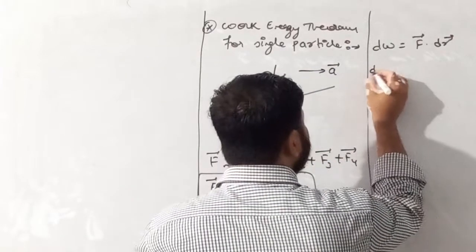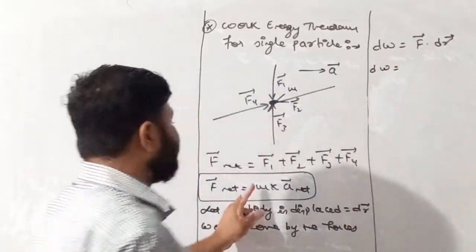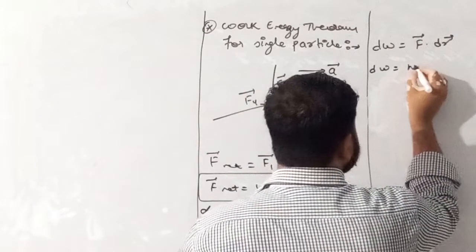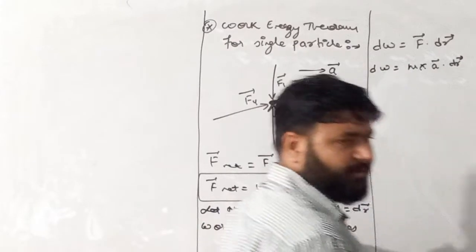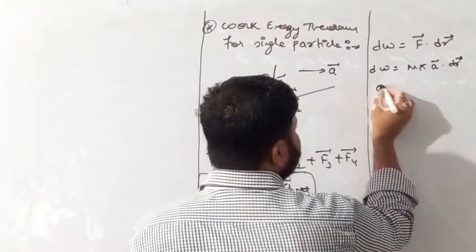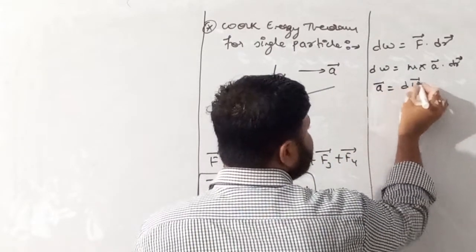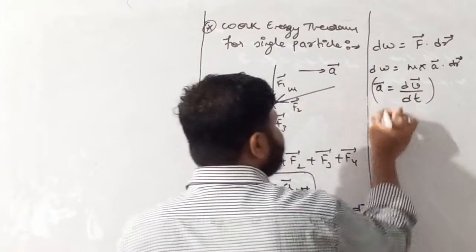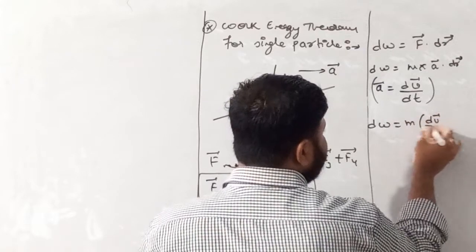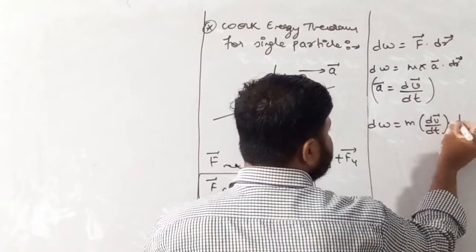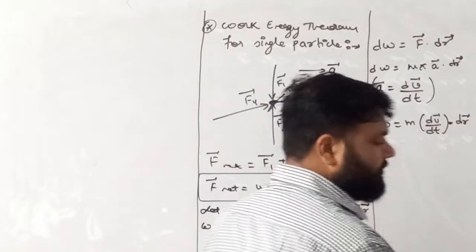Moving forward, now see, instead of F we can write mass into acceleration. So mass into acceleration dot dr. I hope you all are understanding. Now we know that acceleration is nothing but change in velocity with respect to time. So we can write dW is equal to mass dv vector by dt dot, dear student, dr vector. I hope you are understanding.